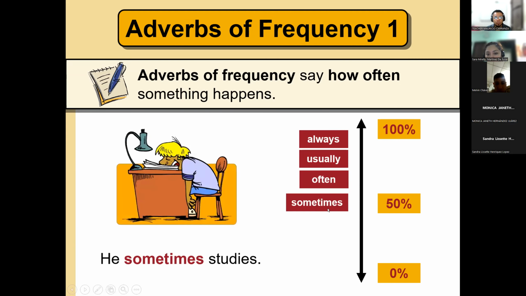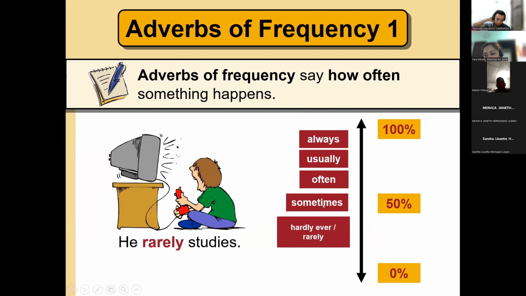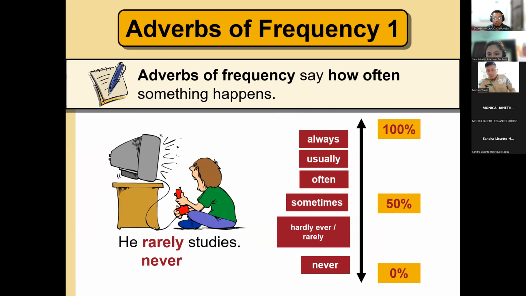When we're in the middle, we use sometimes, that is 50%. We have hardly ever or rarely that are synonyms. You can use either of them. For me, that would be like 40 or 30%, right? And finally, you have never. Between hardly ever and rarely, there are others, for example, seldom. You can use seldom, that is like 20 or 10%. But these are the most common frequency adverbs.